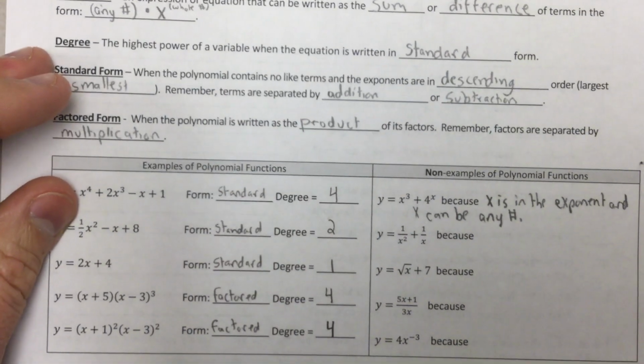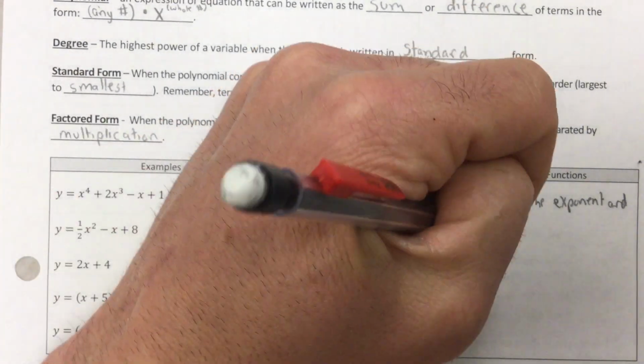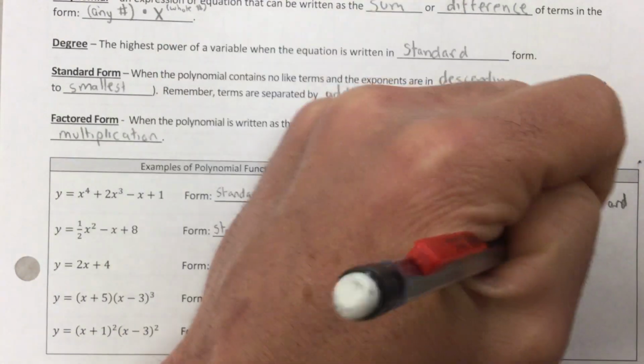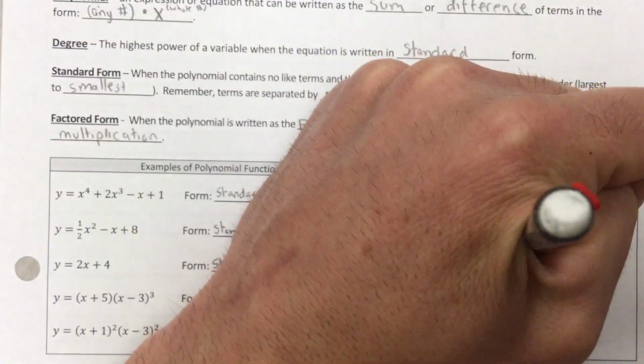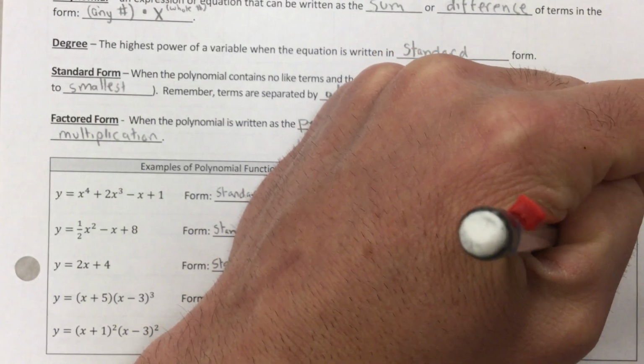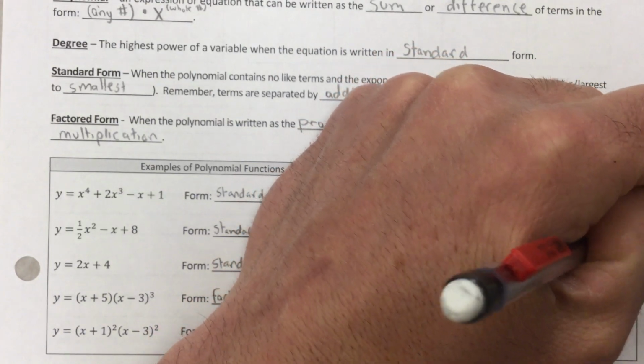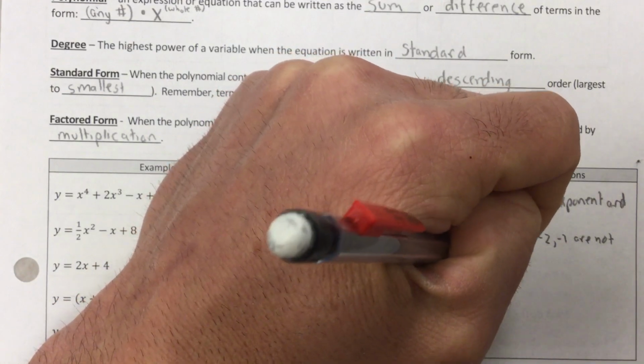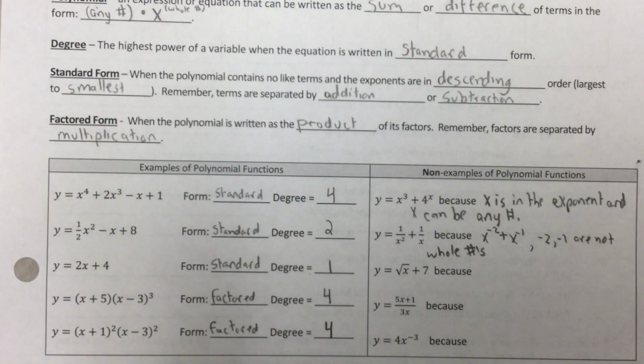Those are not polynomials, because if I would bring those up top, I'd have x to the negative second plus x to the negative first, and those are not whole numbers. So you can never have an x on the denominator, because that would make a negative exponent, which is not a whole number.